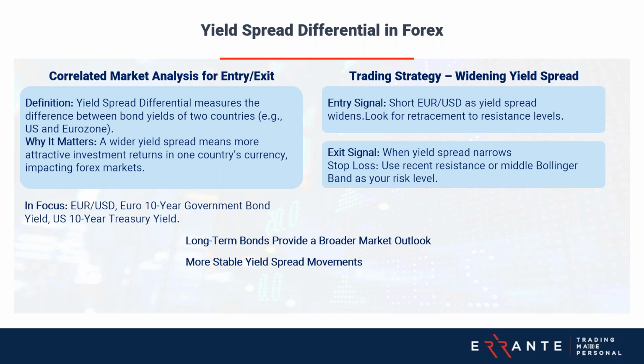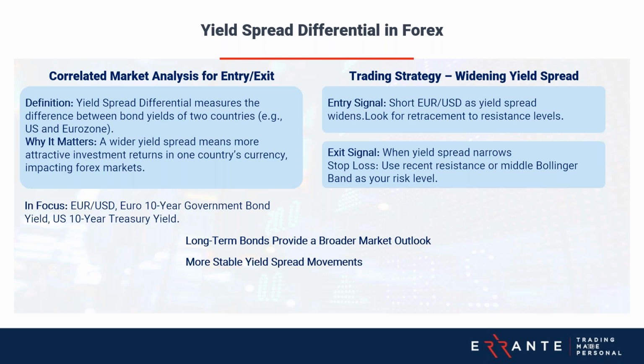On the other side, the short-term yields, like 2-year bonds, are often more directly influenced by immediate central bank policy actions and interest rate expectations, which can fluctuate more frequently, making them less reliable for forecasting long-term trends in Forex. So we prefer long-term bonds because of this first reason. The second is that long-term bonds tend to show more stable movements compared to short-term bonds.